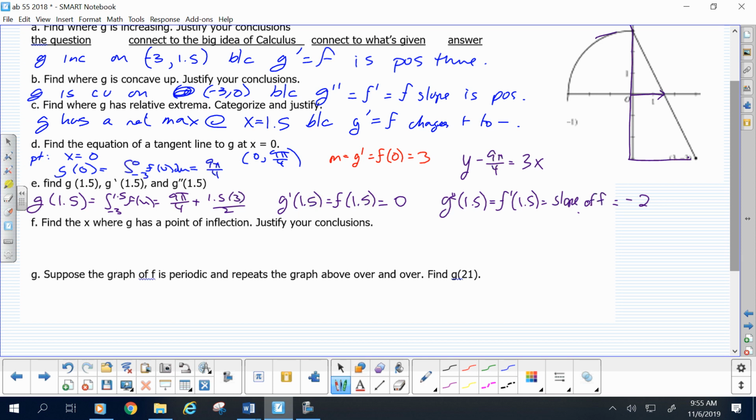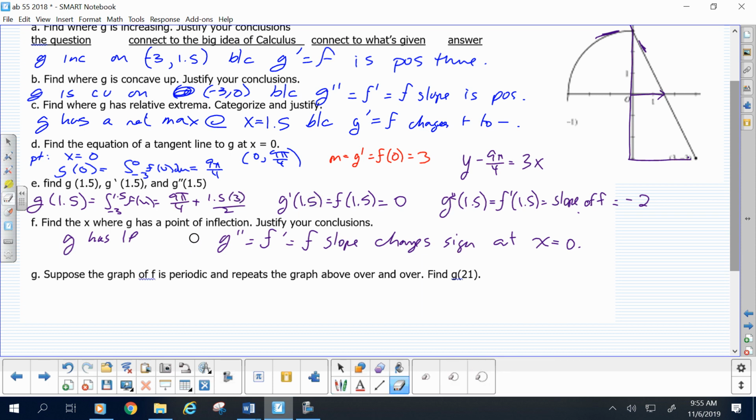This is the point where slope goes from positive to negative, and that's the only place. So G has an inflection point where G double prime, which equals F prime, the slope of F, changes sign, and that is at x equals 0.